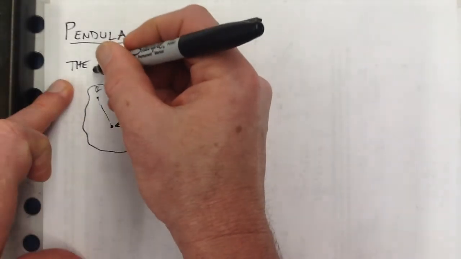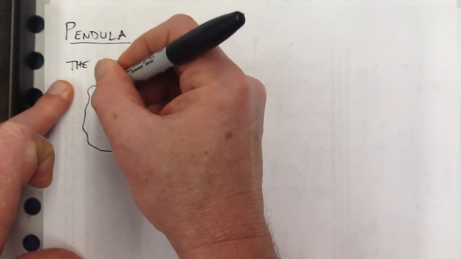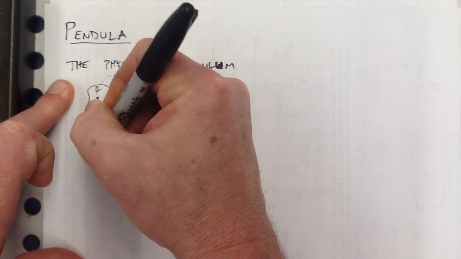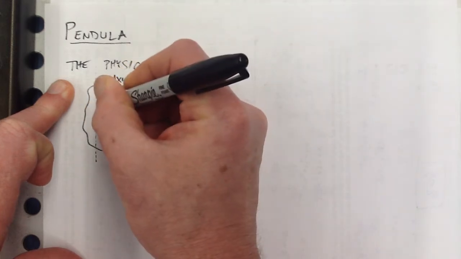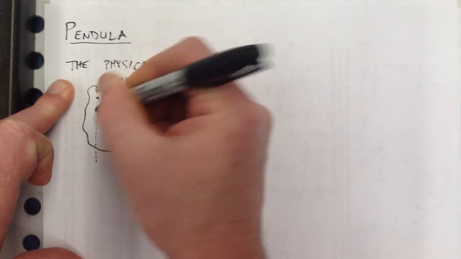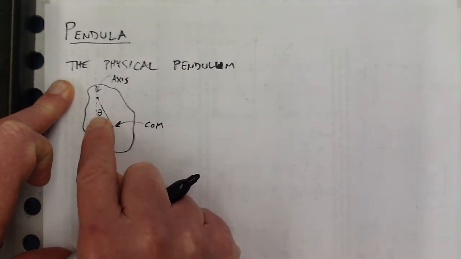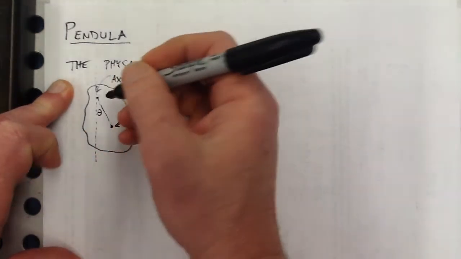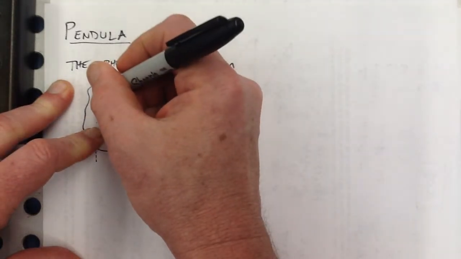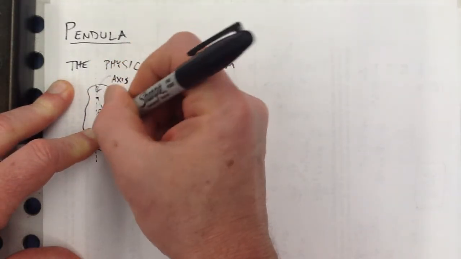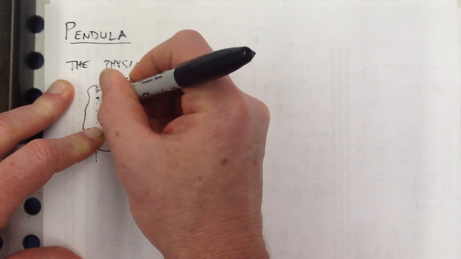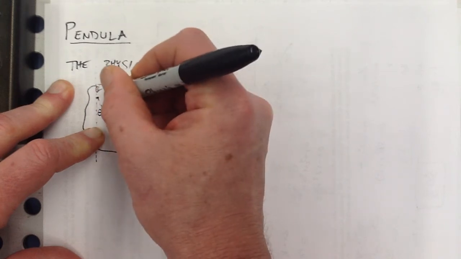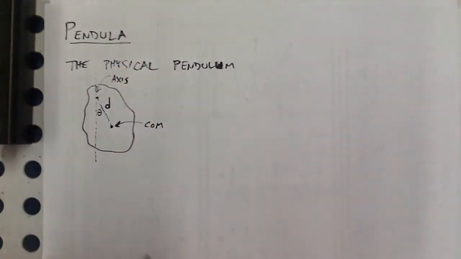And let's say this thing can wobble back and forth, and we'll measure this, that'll be the angular displacement, right? And let's call this distance from axis to center of mass D. You can call it R, whatever, but I usually use a D for that.